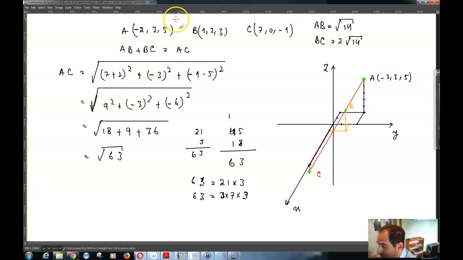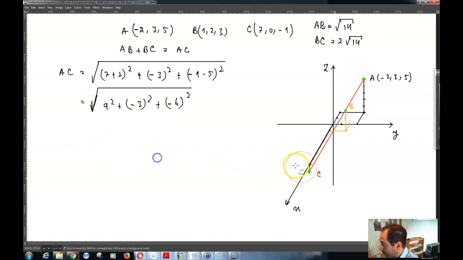Let me check here. (7 plus 2) whole squared, (-3) whole squared, and (-6) whole squared. 9 squared is equal to 81, I'm sorry.